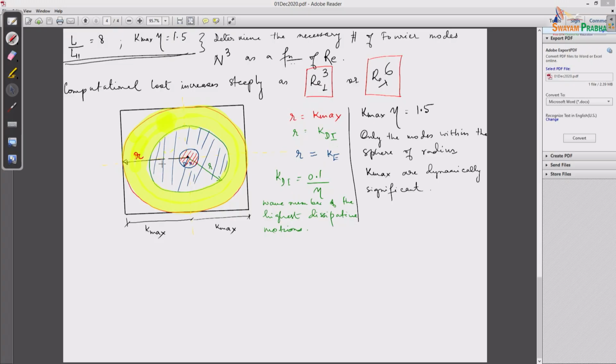That lies somewhere within the blue shaded region, and the peak energy motions are within the small region which is Ke.